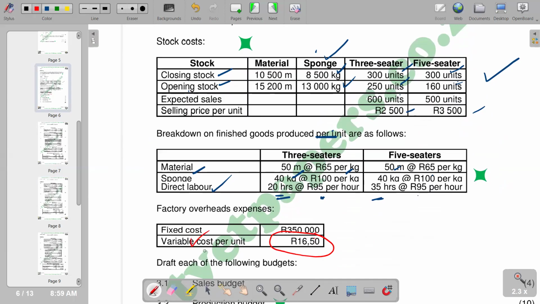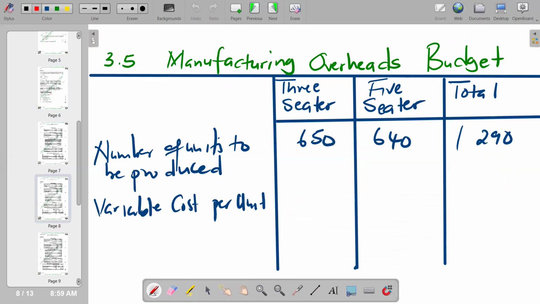Of course it's variable cost per unit 650. So it's going to apply for both 3-seater and 5-seater. So we refer to it as 650, and also for 5-seater 650. Then for the total, it remains 650 since it applies to both.